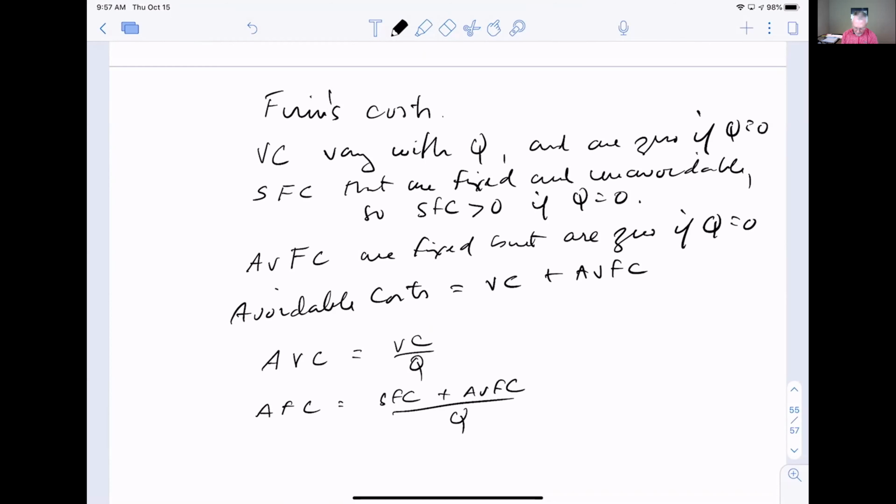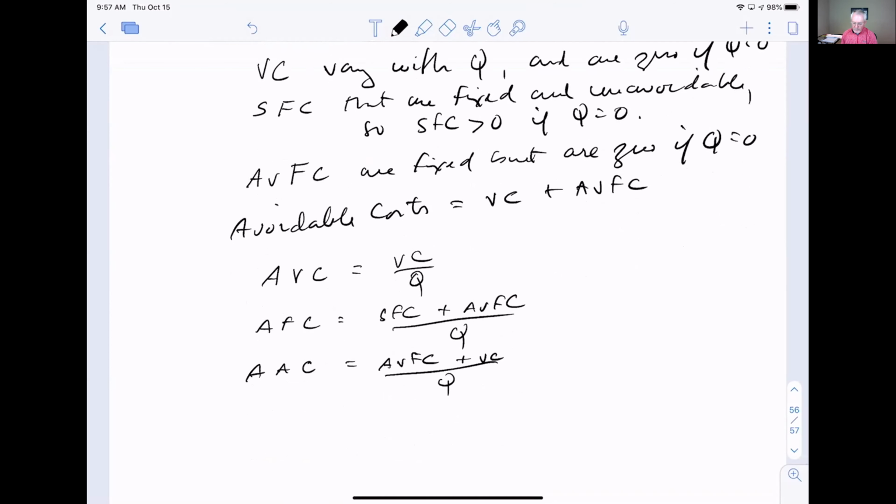We have average avoidable costs, call that AAC, which are avoidable fixed costs plus variable costs over Q. So we're now going to focus on this avoidable versus unavoidable or sunk fixed costs.